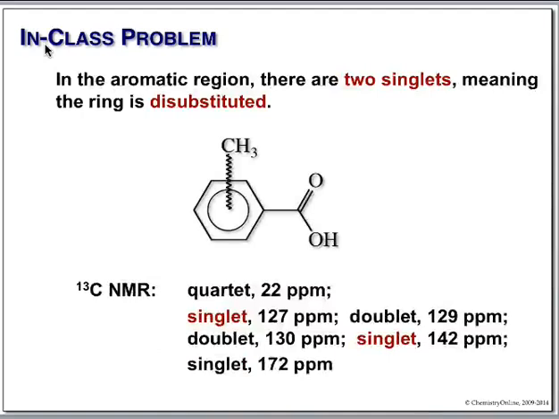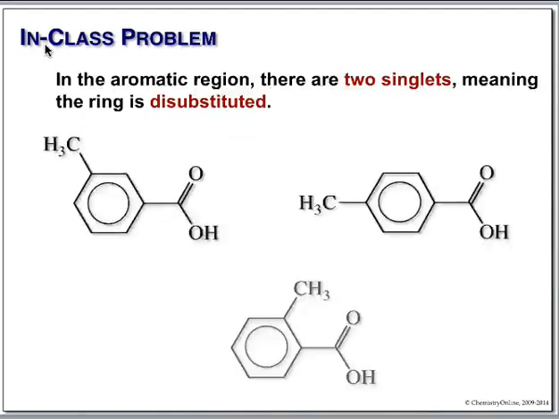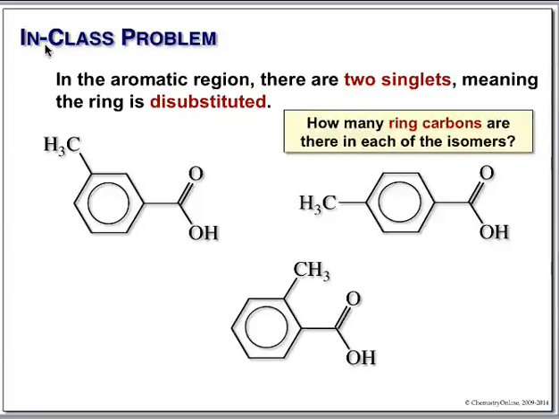Now, we can actually use C13 here to figure out the substitution pattern. Think about your 3 possible isomers. We could have 1,3, 1,4, or 1,2. The question you ask yourself is how many different ring carbons are there in each of these?